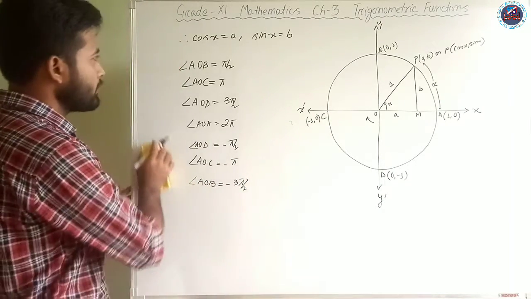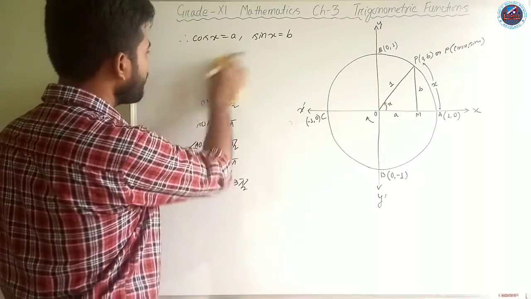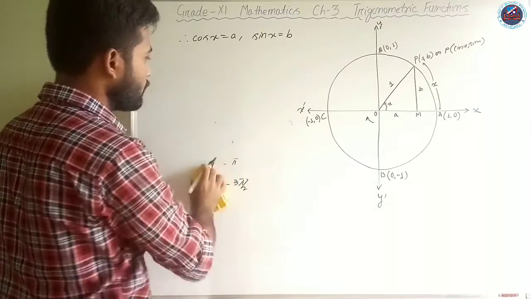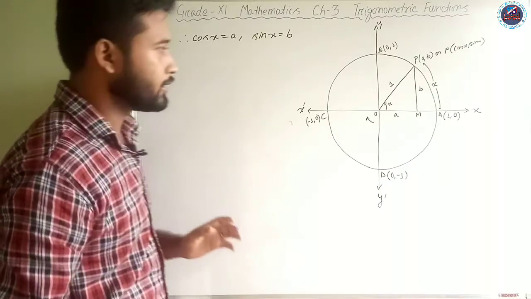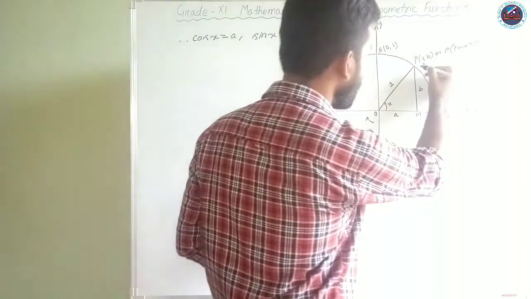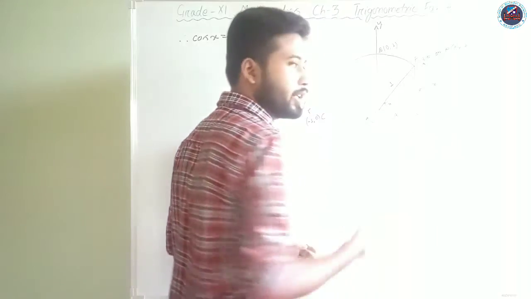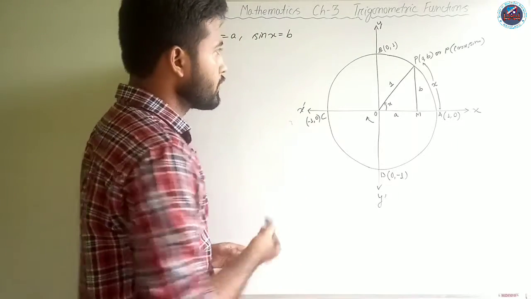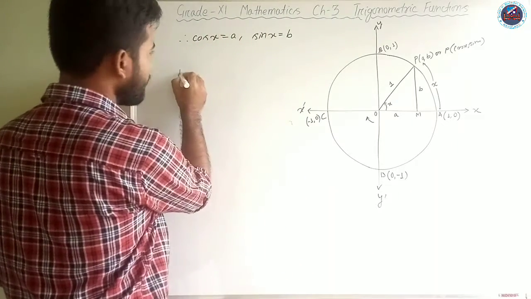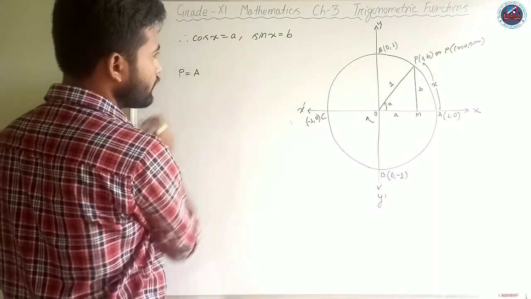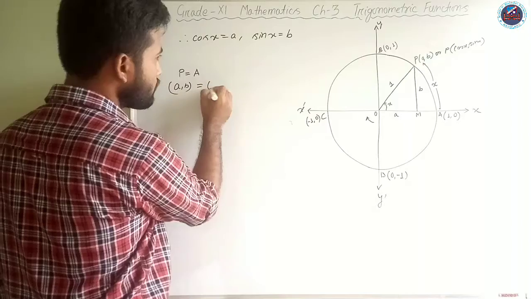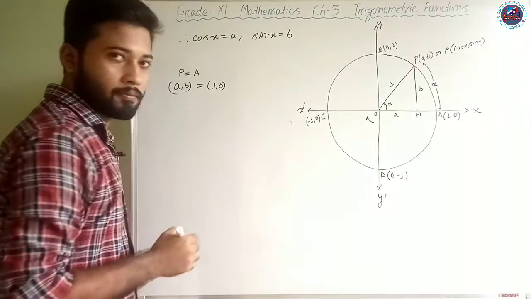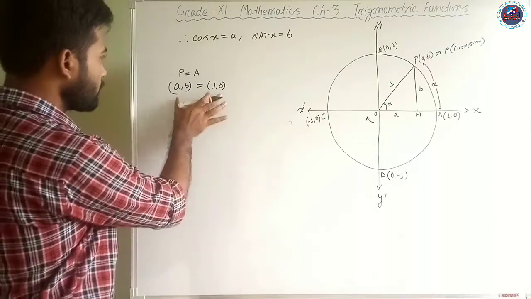Now let us see what happens at the end points, or at the point pi by 2. From the figure we see that when the point P reaches this point A, or when P is equal to A, then AB is equal to (1, 0). So from there what can I say?